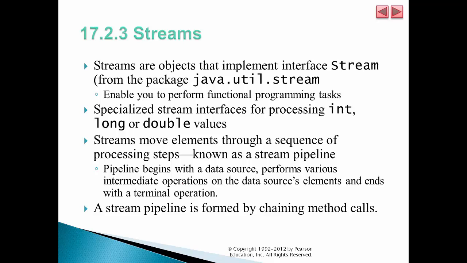First of all, pipelines are represented in Java with the help of an object called stream. There's a stream interface, which represents a pipeline in Java. You can imagine some sort of a pipe, right? It has both a beginning and an end.